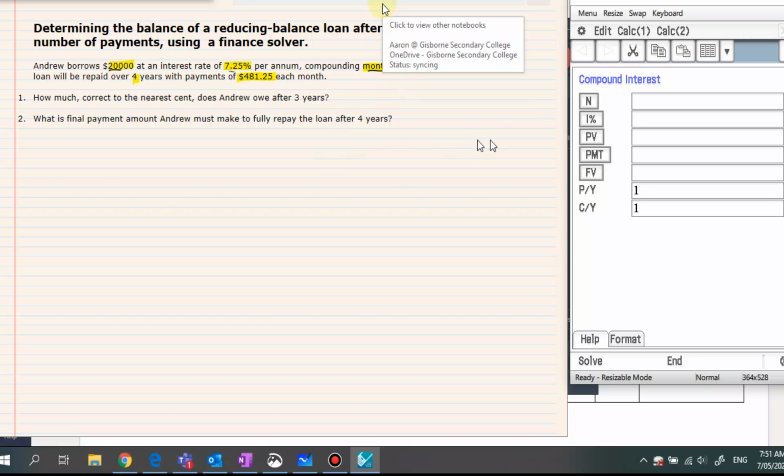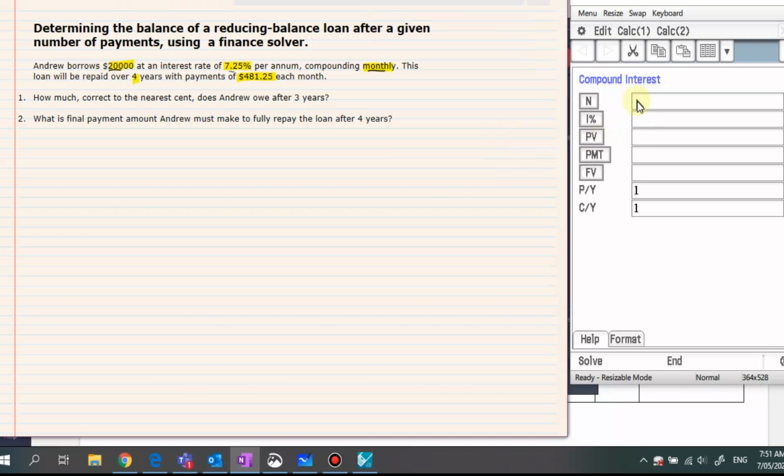Okay, pays monthly. So 36 months. You can also put in 3 times 12 if you're rubbish at working out how many months that should be. His interest rate is 7.25%. That doesn't have to be divided by 12 for the compounding monthly. We tell the CAS to do that down here in the CY part.